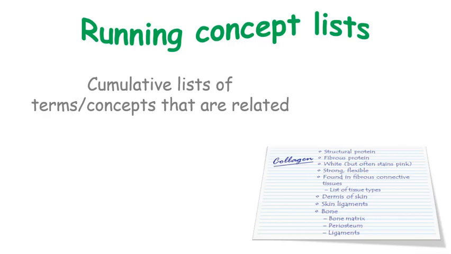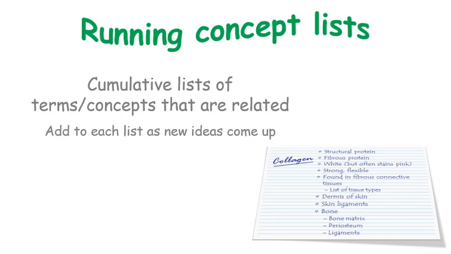Well, we do at that point, but we know that at any point in the A&P course, it's not going to be a complete list, because there's probably other things to learn about that concept, just as the one we looked at a moment ago, and that is sodium. So we accumulate more terms and concepts that are related to the one that's the heading concept of that list, the main idea of that list.